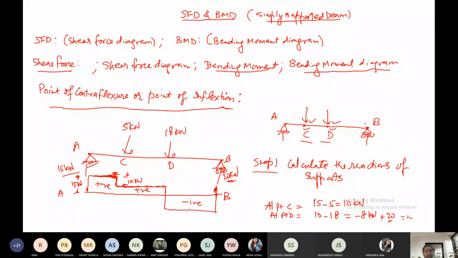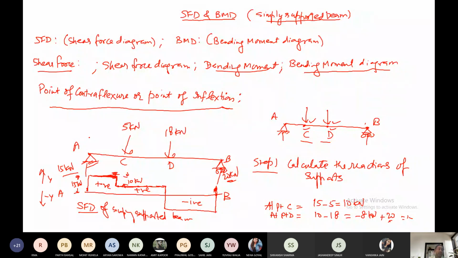So this is how you have to make the shear force diagram of any simply supported beam. I have not taken the exact values. I have just explained how you have to make the shear force diagram. You can see this is the positive y-axis and this is the negative y-axis. On plus y and minus y, you are getting this shear force.